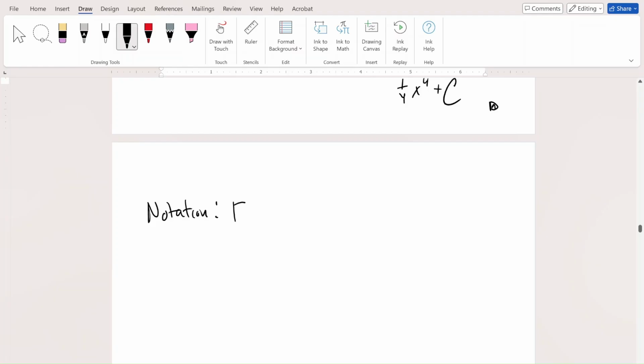Okay. Now in terms of notation, be aware that when I write capital F of x, and I put a bar, I put a little a and a lowercase b as such. Well, the a is my lower limit and my b is my upper limit. So when I translate this notation, this means F of b, F of my upper limit, minus F of my lower limit plugged in.